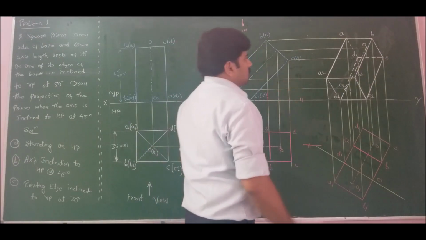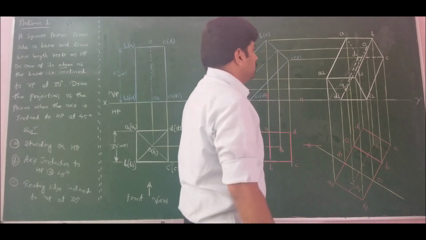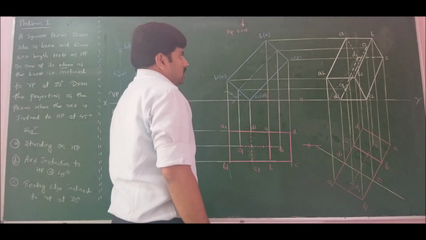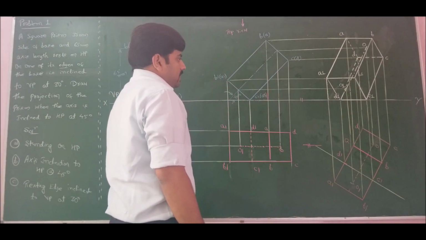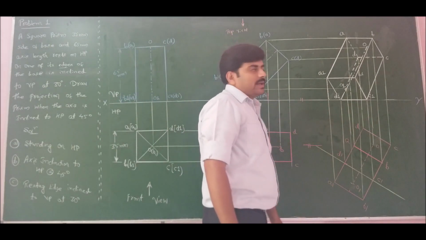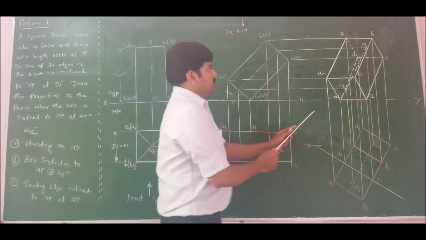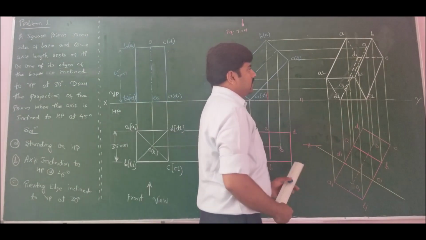So this completes the given problem in which the square prism is inclined to HP and VP and it is resting on HP with one of its base edges, the base edge C1 D1, which can be seen here.